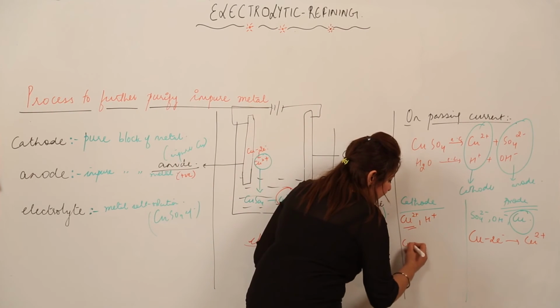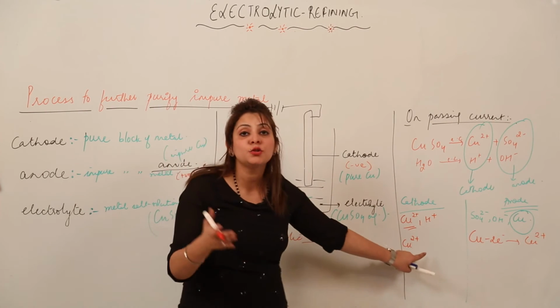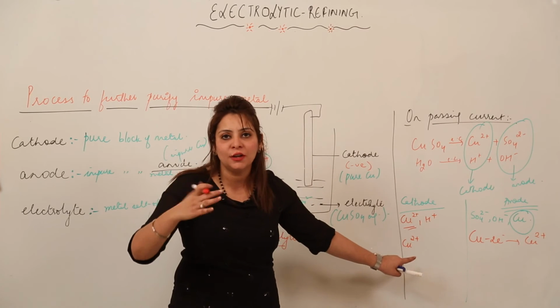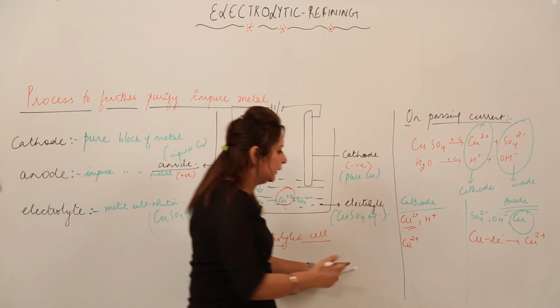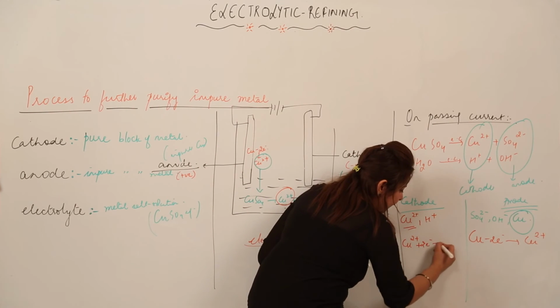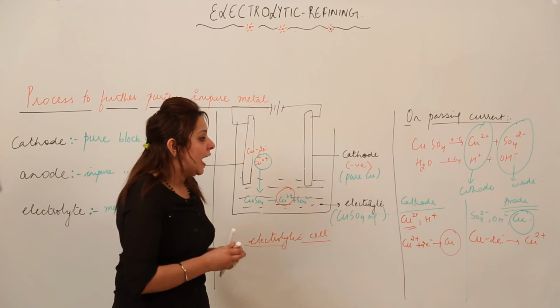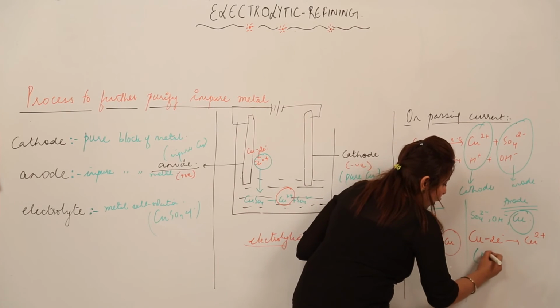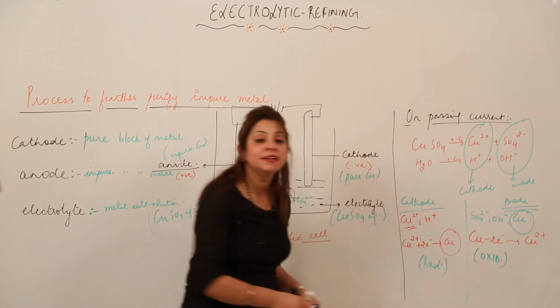So what kind of chemical change can this Cu2+ do? You can see that it has 2 positive charges, that means it has already lost 2 electrons. So it will just acquire its 2 electrons back. It is taking 2 electrons back and turning into pure copper metal. So the oxidation takes place at the anode and the reduction takes place at the cathode.